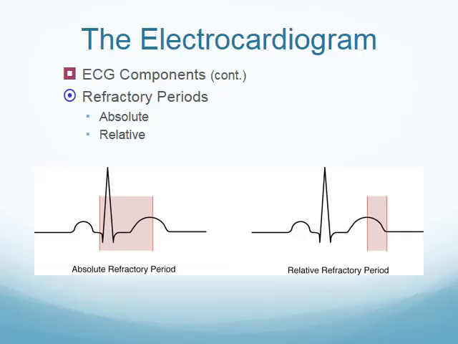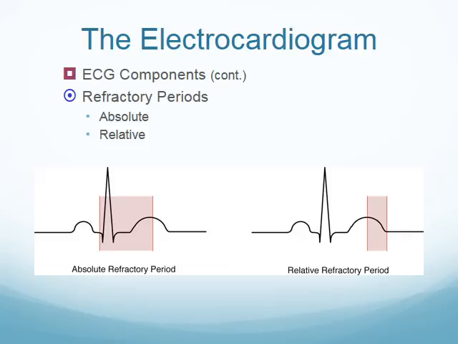All right. In relation to our ECGs, we need to be considering our refractory periods. What this means is, and we'll get into more detail on what these are later, we can have premature beats that occur out of turn, for whatever reason.